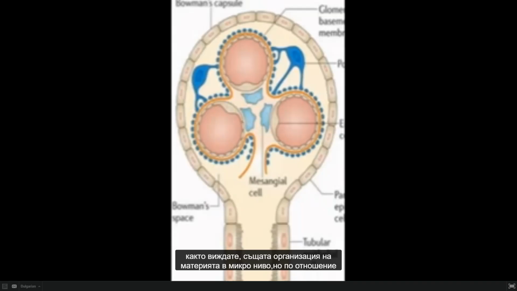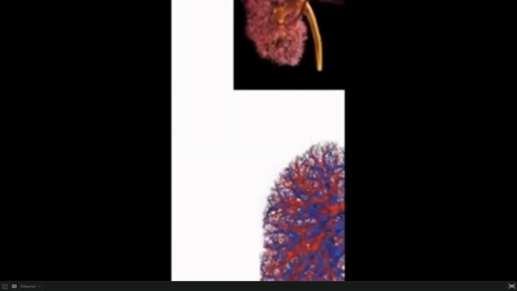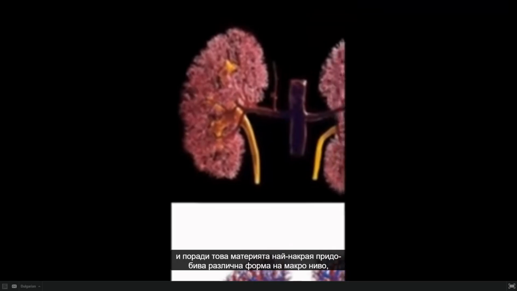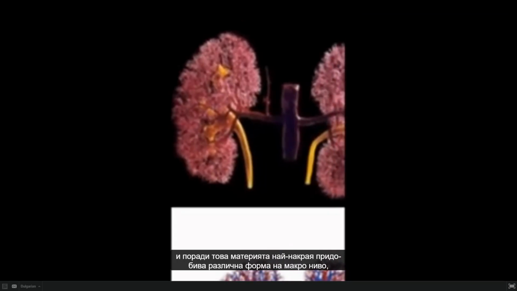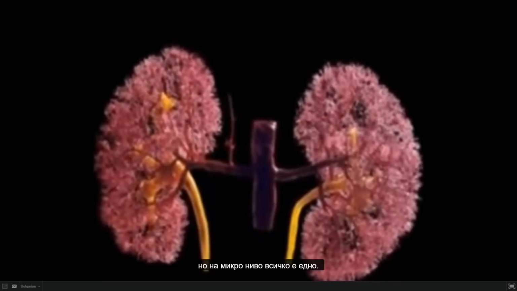Regarding the environment, the macro level changes. This is the same as you see in the video of the Tree of Life, because everything is moving like a formation inside. Because of that, the matter finally takes different shapes at the macro level. But at the micro level, everything is one.